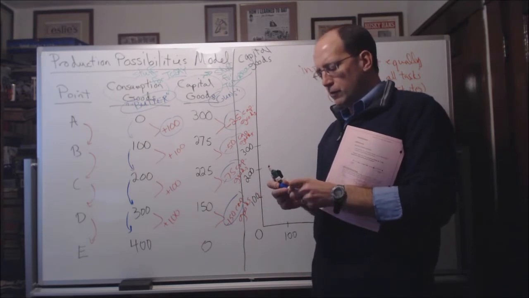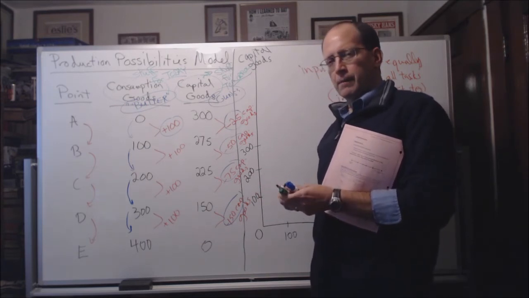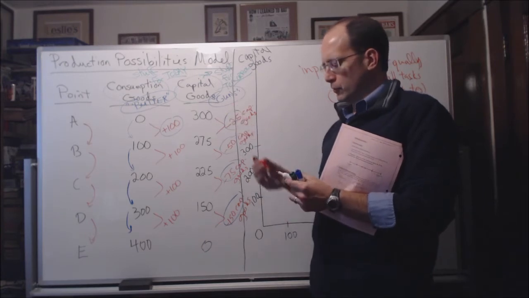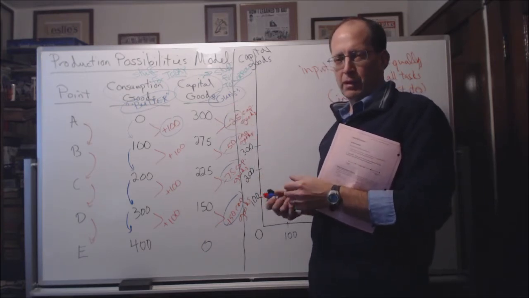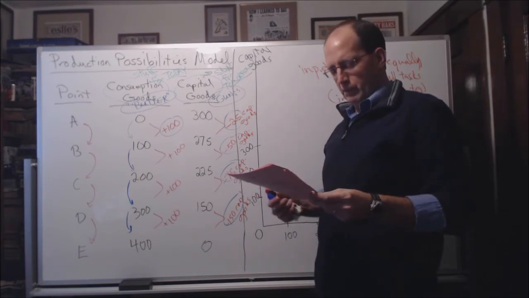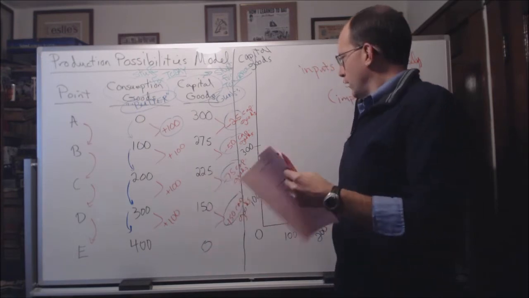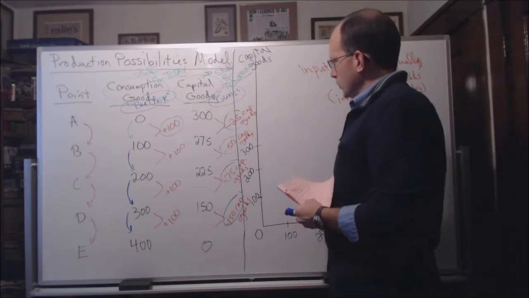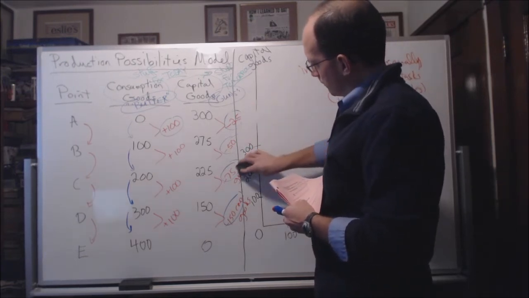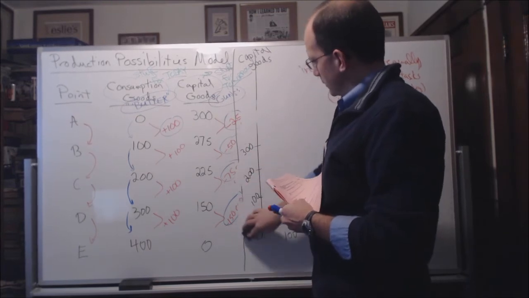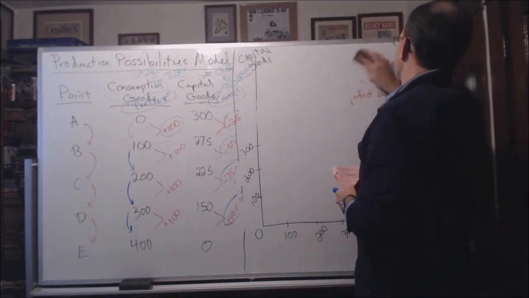Not just more of the other good, but ever larger amounts of the other good. Guns versus butter. Ryan Braun and Ron Dunbar are not perfect substitutes in baseball and economics. Okay? So that law of increasing opportunity cost is going to have an impact on what our graph looks like for production possibilities. And I'm going to get rid of this writing.